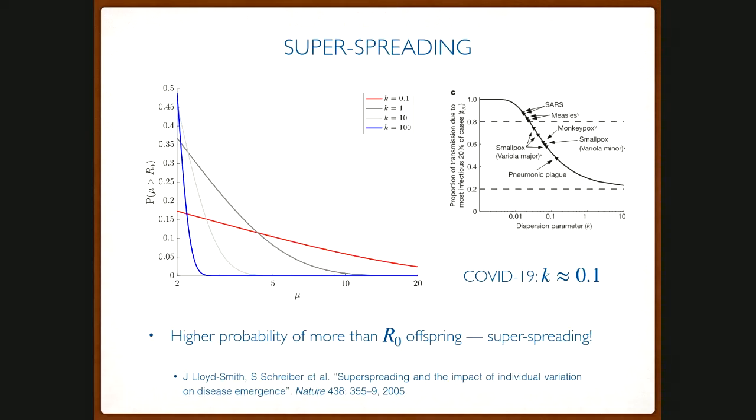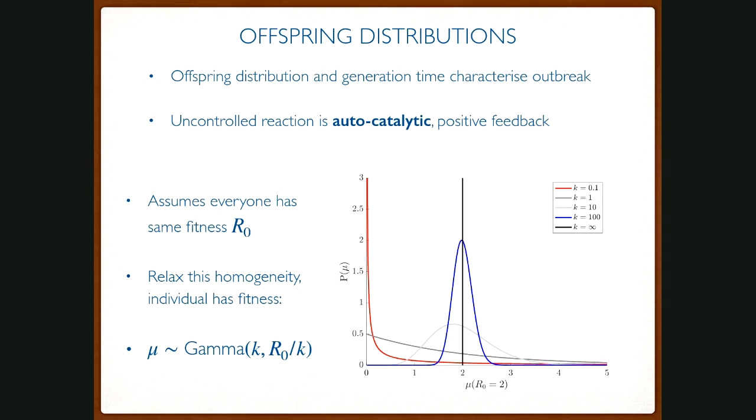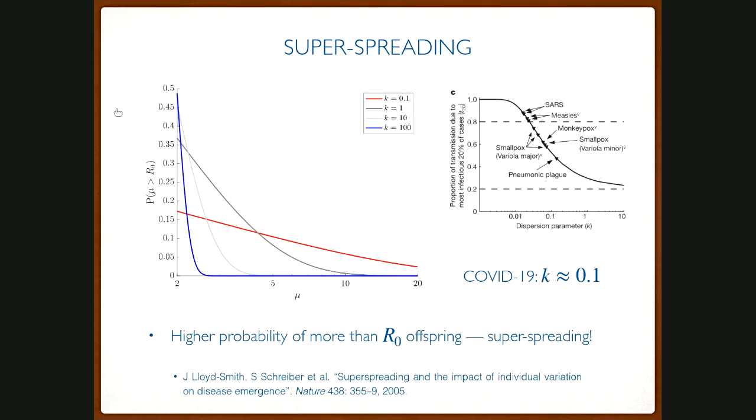Because it allows us to model super spreading. Super spreading was talked about a lot at the beginning of the COVID-19 pandemic, the idea that certain individuals can infect a lot more than the R naught value. Putting down this offspring distribution and seeing what it leads to is probably the key way to describe super spreading and to understand what it's doing.